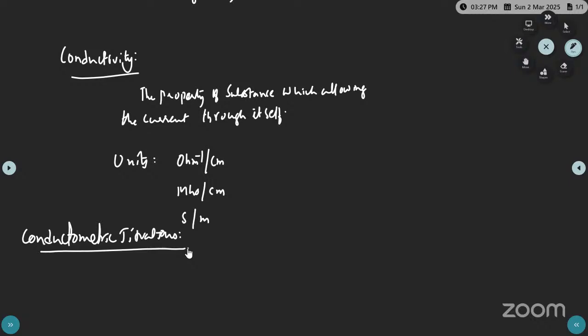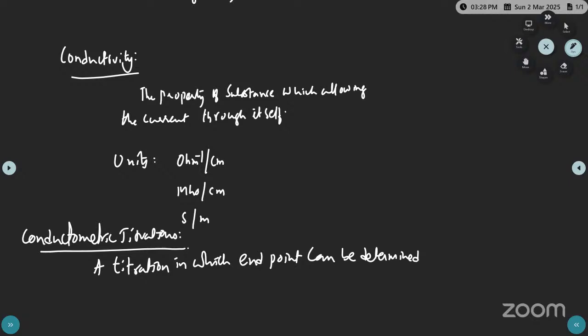A titration in which the end point or equivalence point can be determined by their conductance values is known as a conductometric titration.